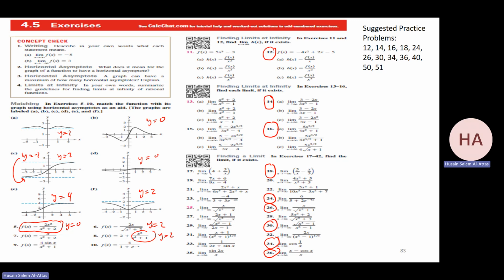Here, okay, I'll come to this one. This is y equals 0 again. No, here y equals 2, not 0. It will be 2 over 1. Same degree. This is degree 1 over degree 2. This is a number over infinity, so it's still y equals 0.